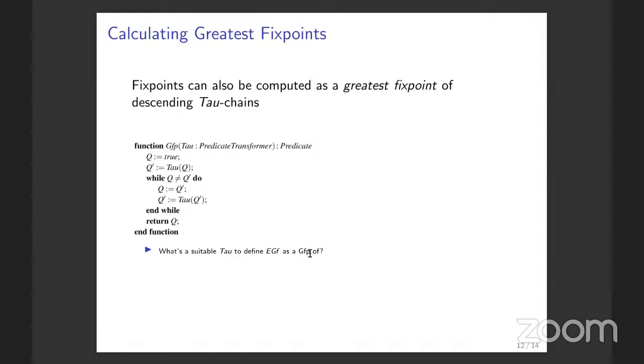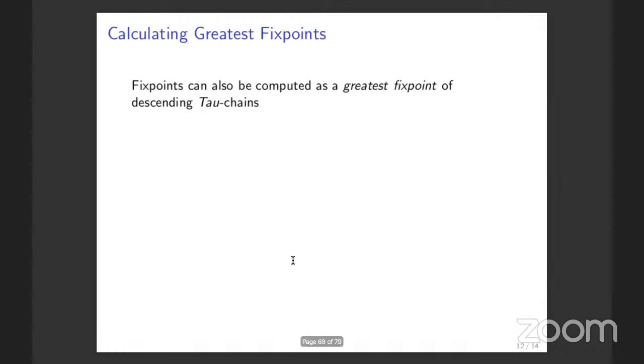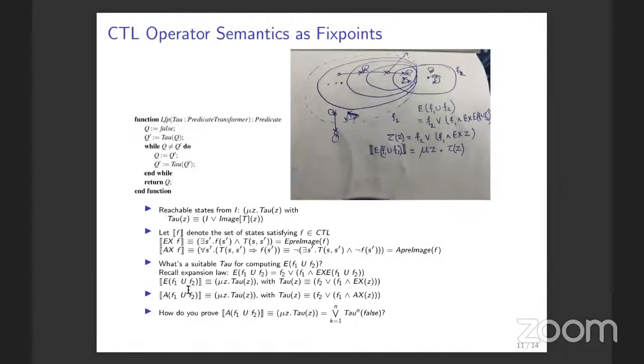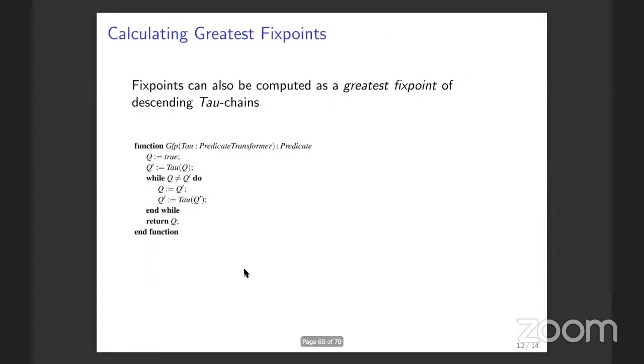GFP here stands for greatest fixed point, not an LTL formula. Okay, so strictly speaking, once you have AU, you have EF and AF. So EG and AG can also be expressed as negation of these things. Okay, you can, but it is sometimes useful to visualize them this way, because as you move forward, you will see, and that's what I'm going to describe now.